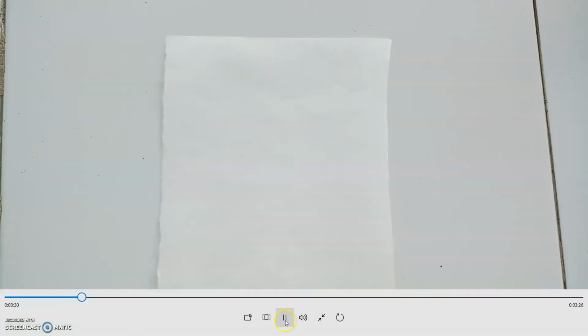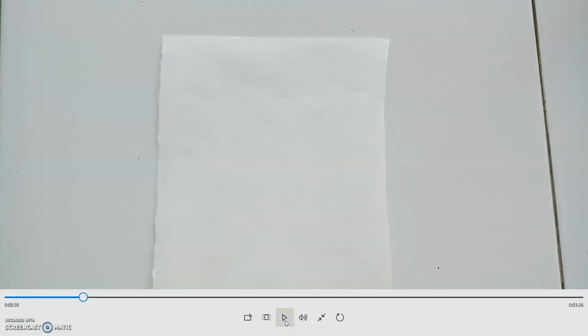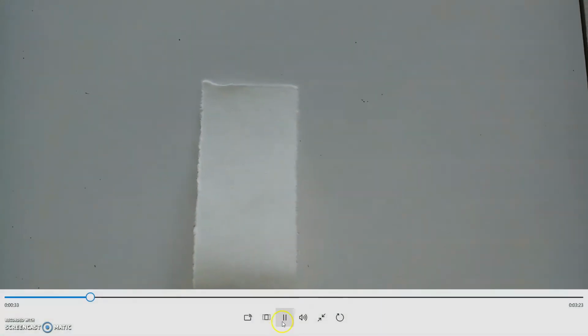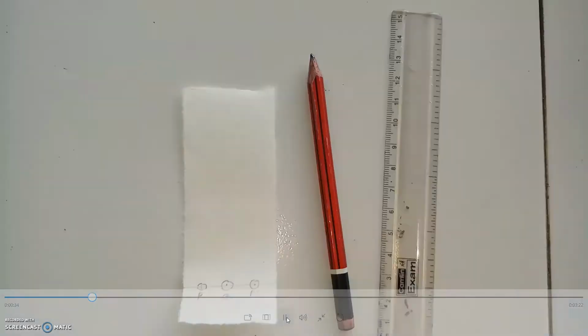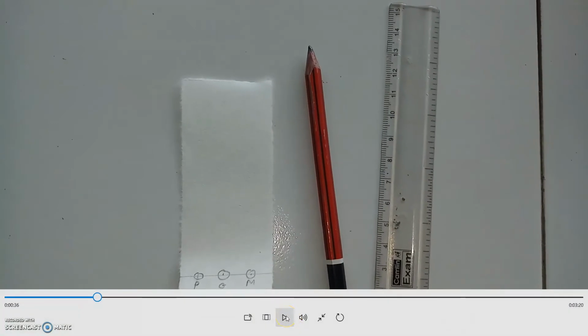Afterwards, take the desired filter paper and cut it into the desired size as per the size of the developing chamber, and draw the line of origin for the sampling of the standard phenylalanine, glycine, and the mixture of both of them, to determine the RF value and identify the separated components.